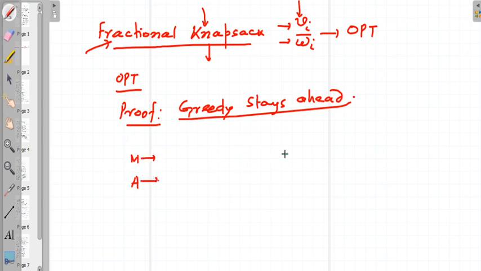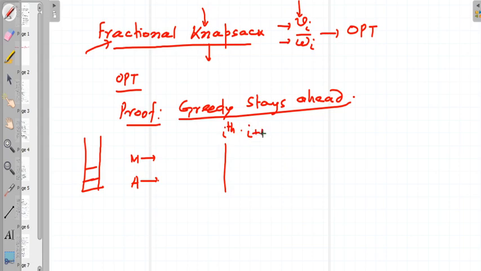Up till the ith iteration, they have selected the same thing and filled the knapsack by selecting the same thing. And then in the I plus 1th iteration, what will be happening?